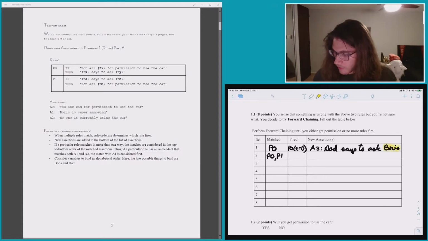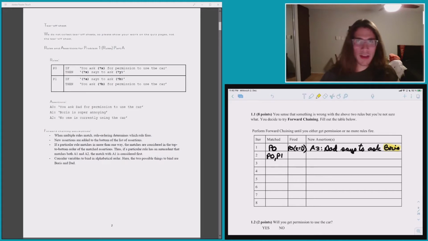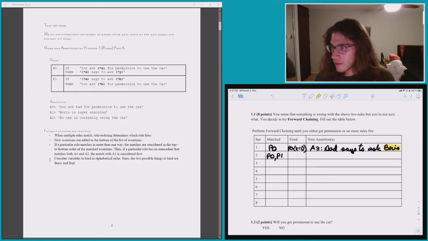Here I've highlighted Boris, and if you look on the left at the rules, the consequent of P0 says X says to ask Y, and we only have an X binding, X equals dad, for P0, but I omitted to say, look at the fourth assumption in the forward chaining assumptions on the left hand side. Here, consider the variables to bind in alphabetical order.